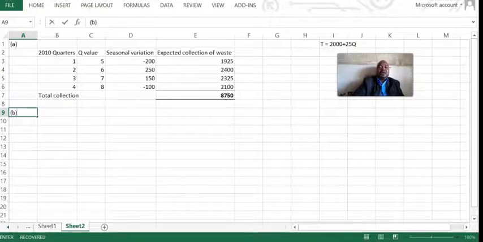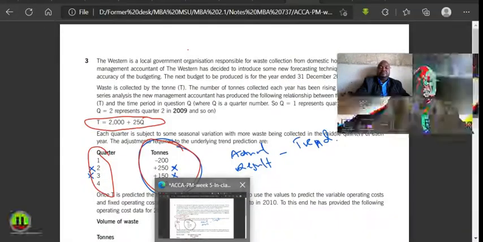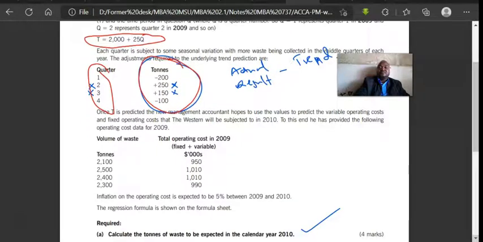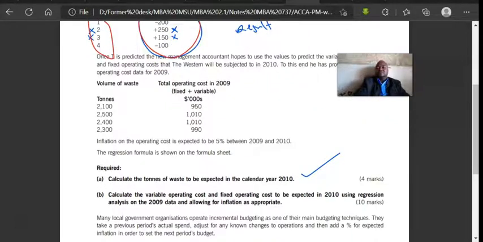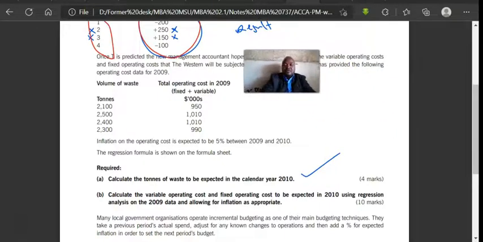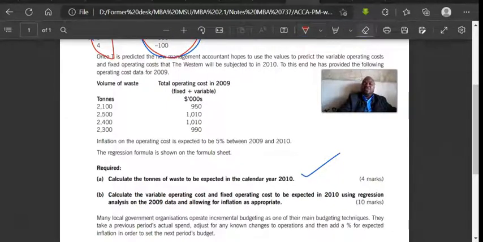Part B is all about regression analysis. Okay, the information we are going to use, ladies and gentlemen, is actually on this part.